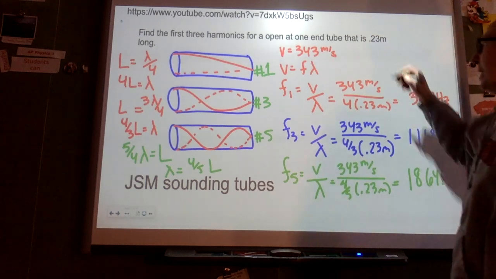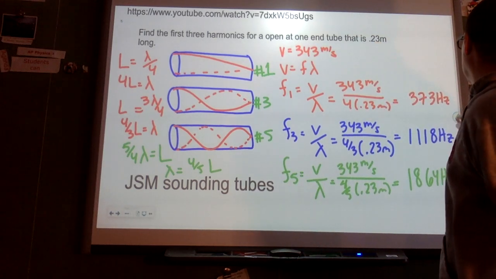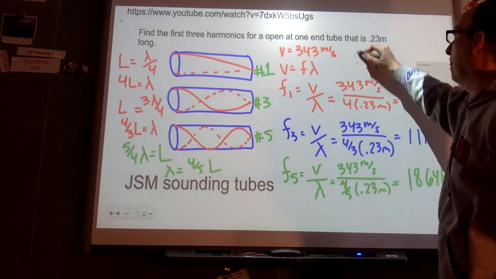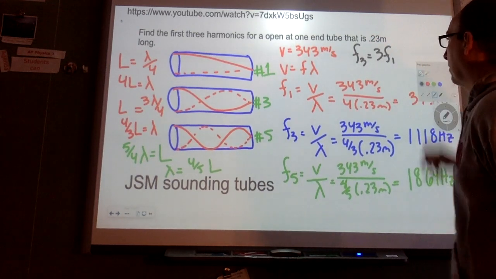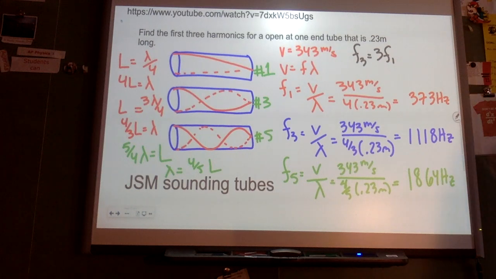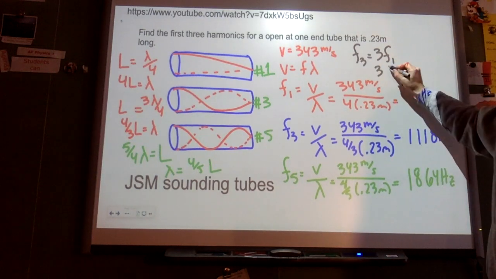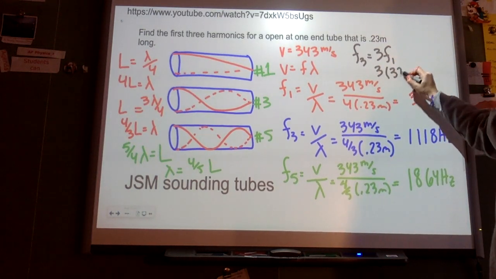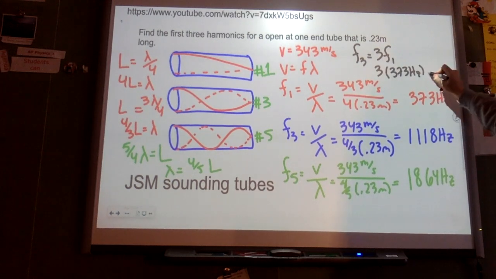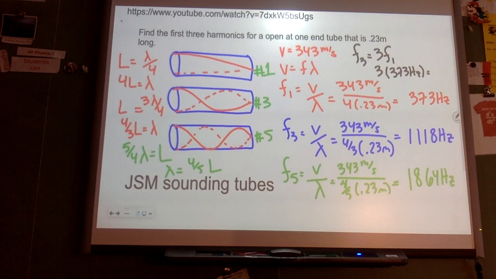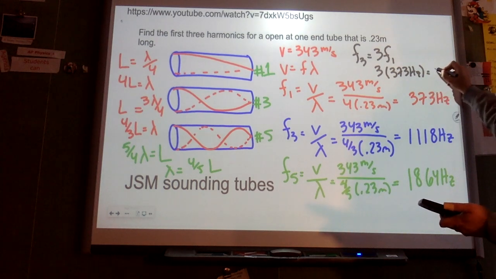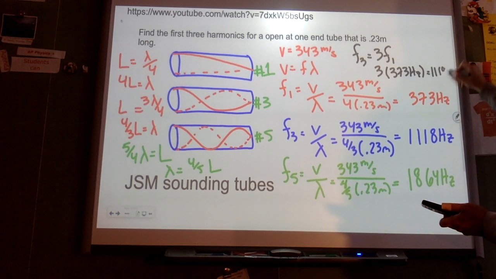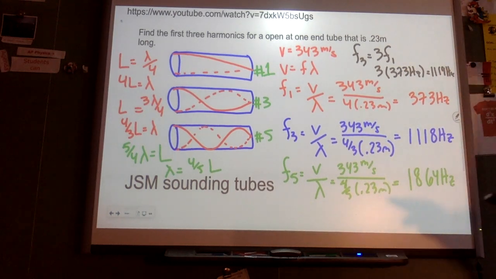And so I could say that the next harmonic, the third harmonic, is going to be 3 times our fundamental frequency. And so that's going to be 3 times 373 hertz. And if I account for rounding, I should get the same thing. And I got 1,119, where I got 1,118 there.